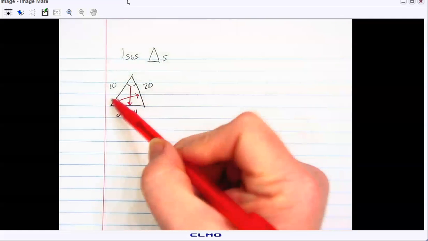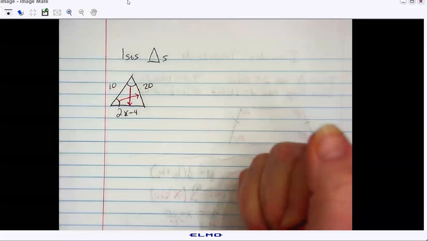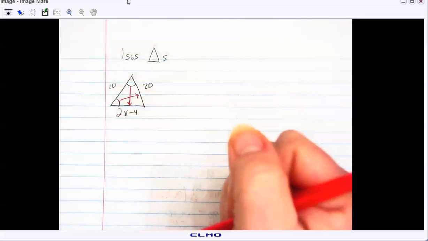It's never going to be the side in between the 2 angles, because that's opposite the vertex angle. So it's always the side that's not between the 2 angles, if that's helpful for some. So we know that these 2 are equal. I wanted to make sure that you understand that it's the 2 sides opposite the angles.